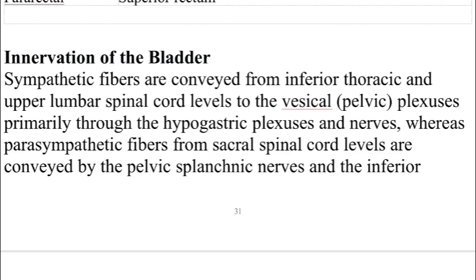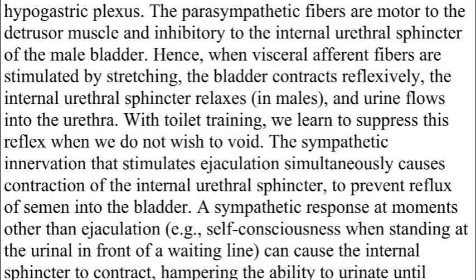You also have parasympathetic fibers from sacral spinal cord levels, and these are conveyed via the pelvic splanchnic nerves and the inferior hypogastric plexus. The parasympathetic fibers are motor to the detrusor muscle, and they are inhibitory to the internal urethral sphincter of the male bladder.